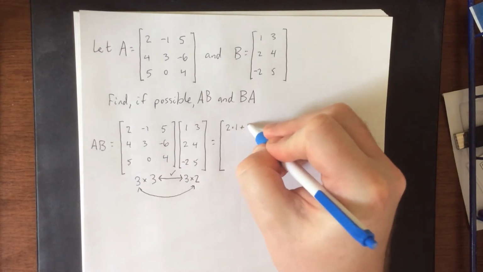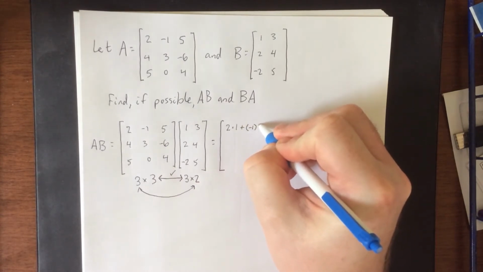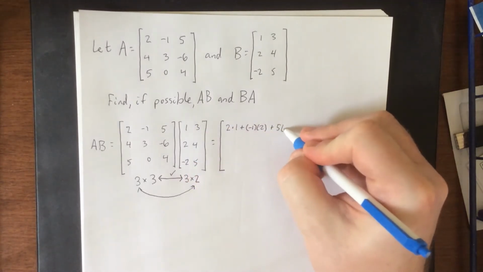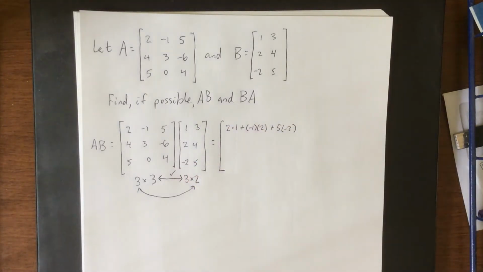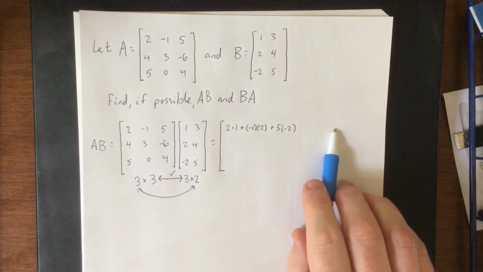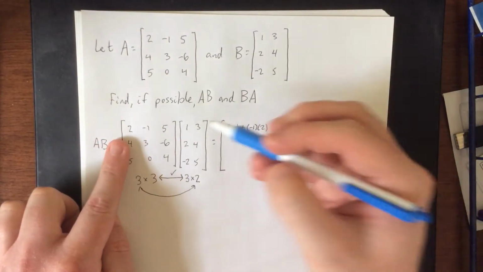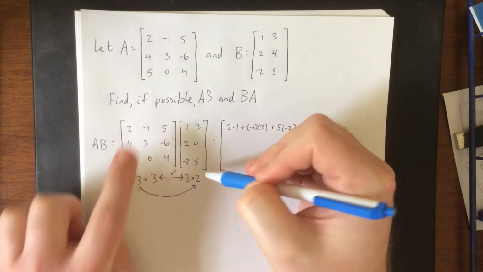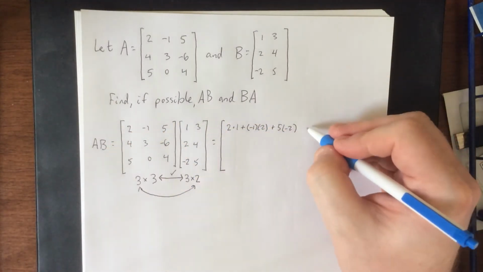So 2 times 1 plus -1 times 2 plus 5 times -2. For the 1, 2 entry of the product, we'll select the first row of A and the second column of B, and once again multiply the corresponding entries together.